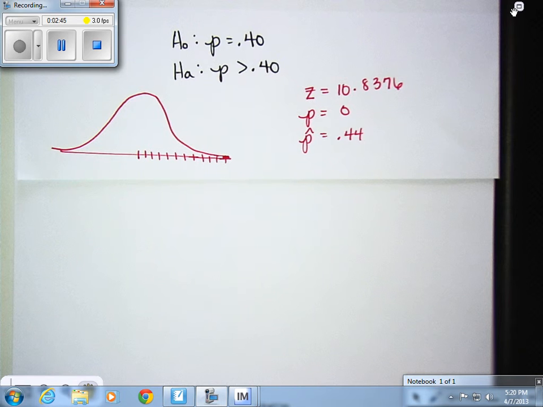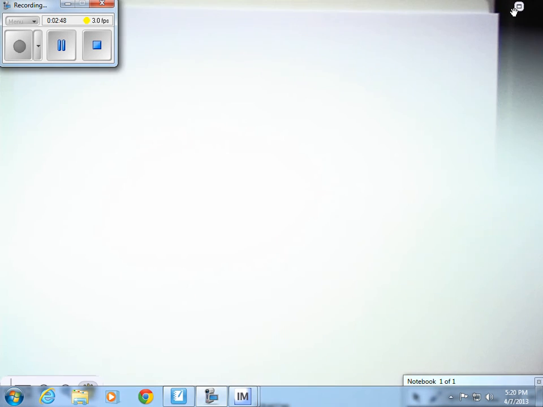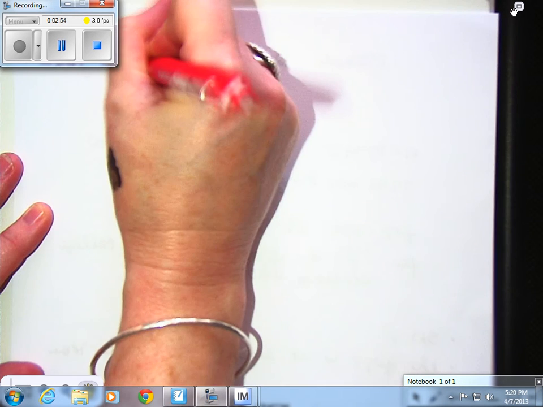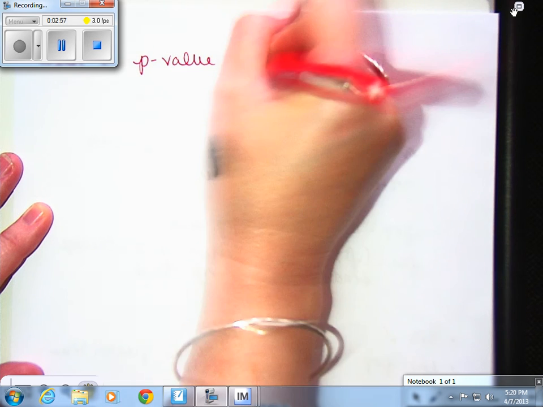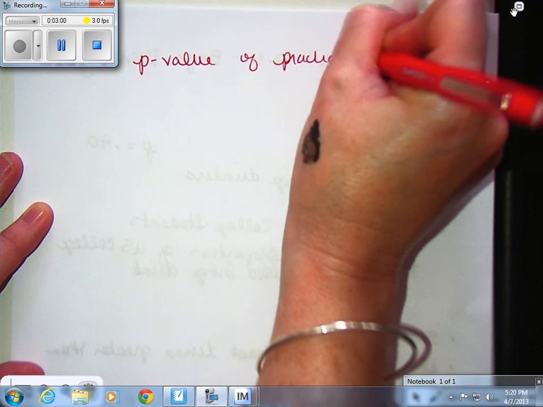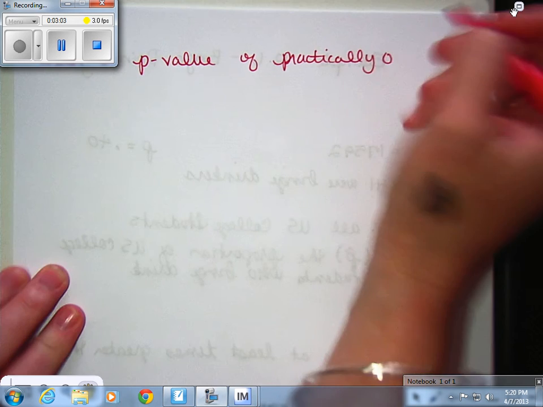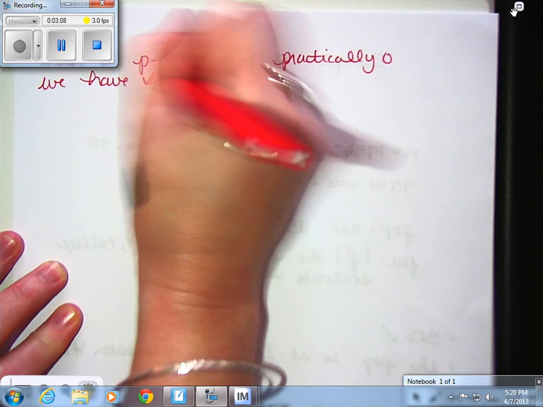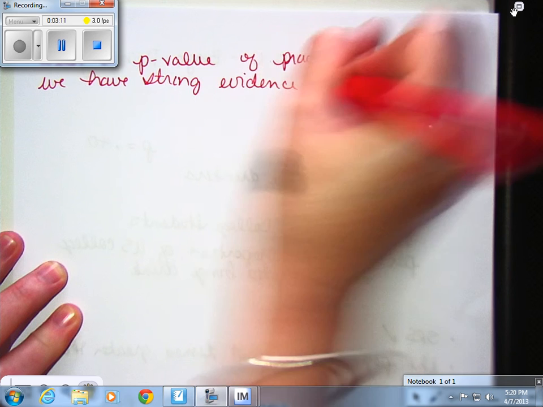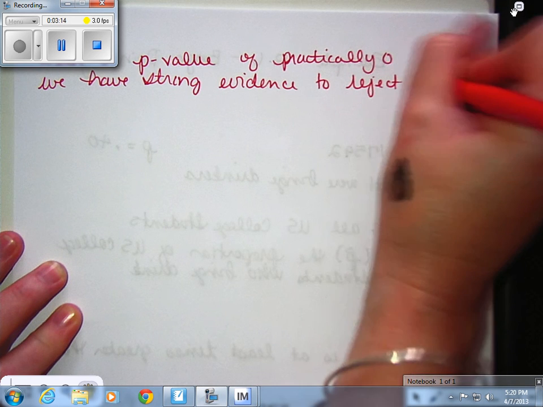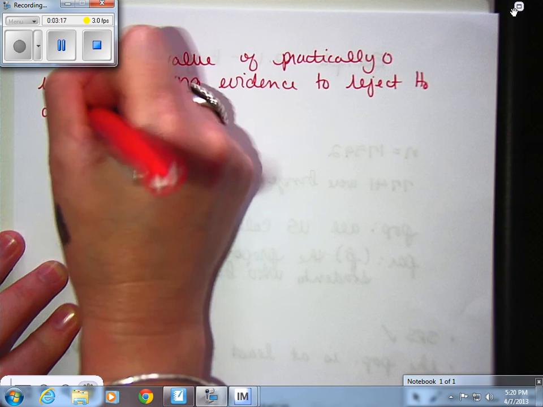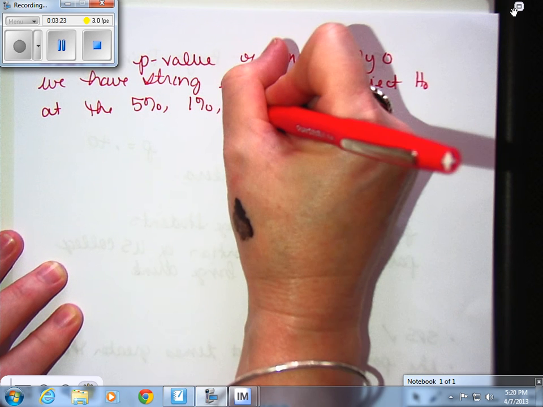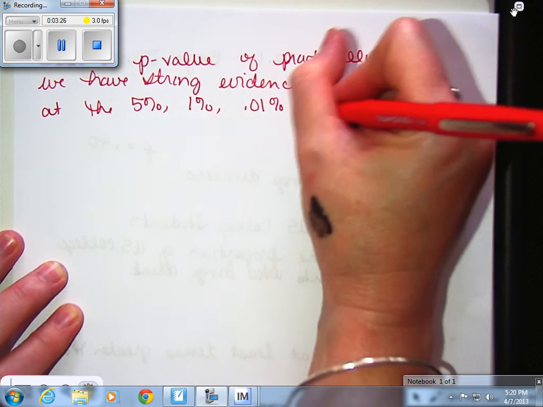So now we have to answer our question just like we always do. So we're going to say, with a p-value of practically 0, we have strong evidence to reject H naught at the 5% level, the 1% level, the 0.01% level, whatever you want to say.